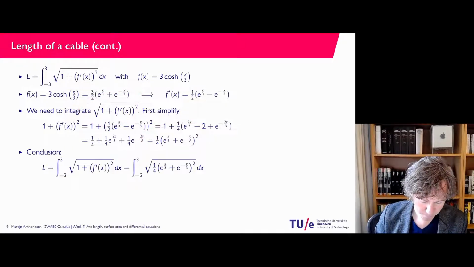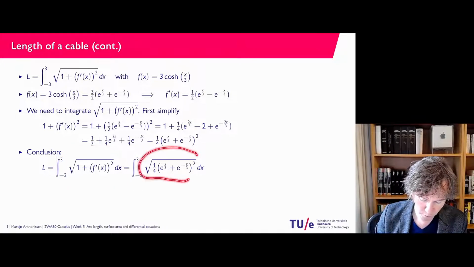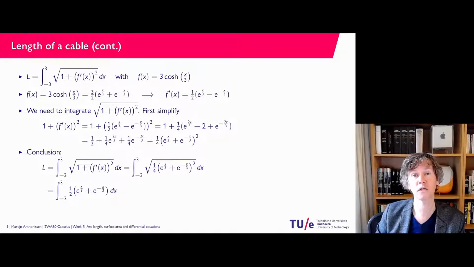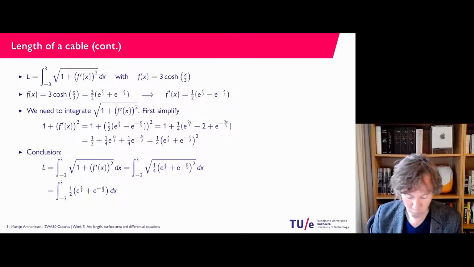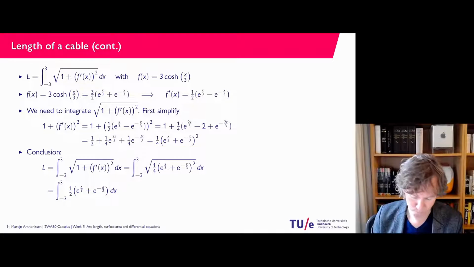So apparently the whole integrand with the square root, well, that's the square root of the expression we just derived. This one you can actually compute, because the square root of 1/4 is 1/2, and here the square and the square root just cancel. And then, forgetting everything that we have seen so far, if you just look at what it says here, well, this is pretty easy to integrate.